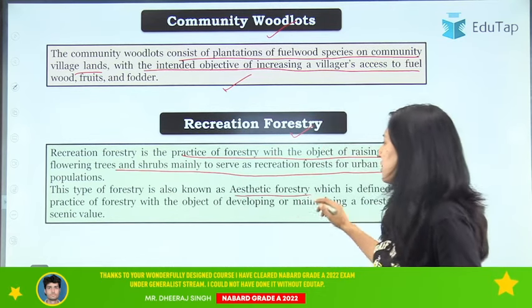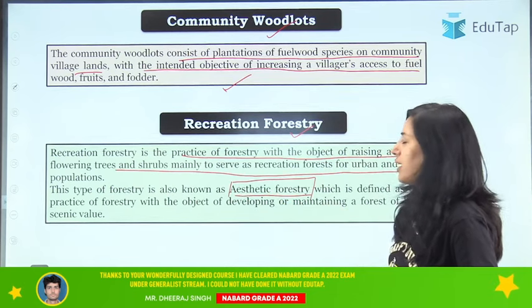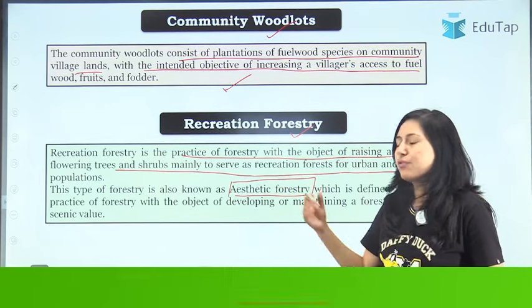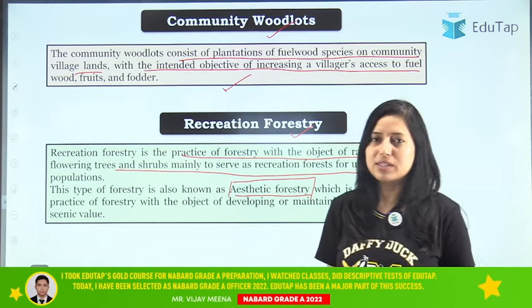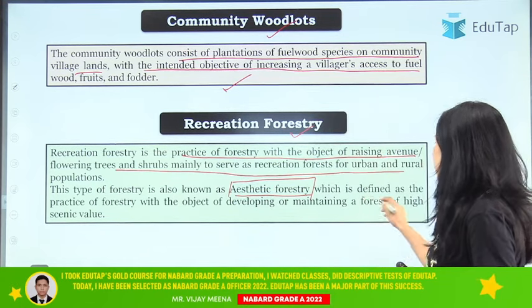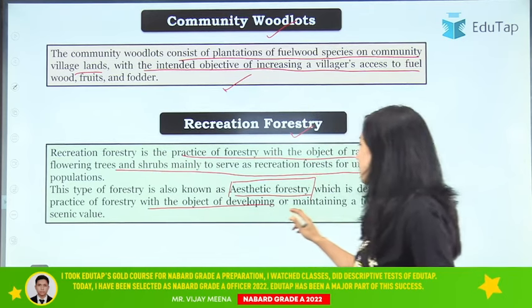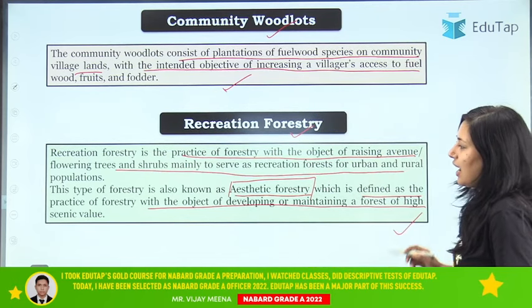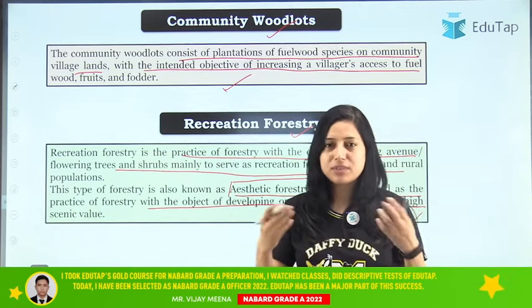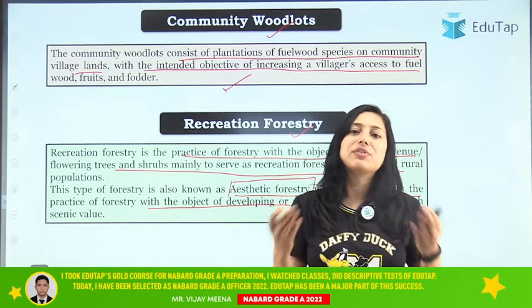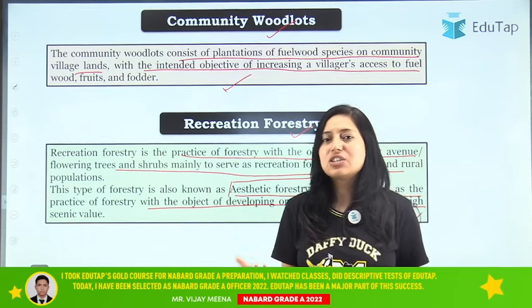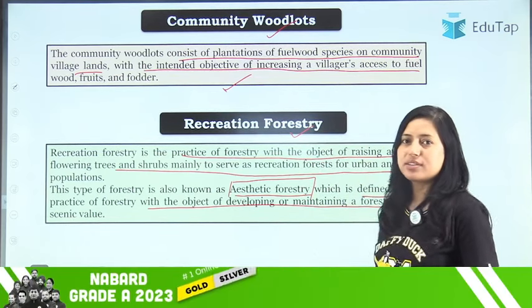This type of forestry is also known as aesthetic forestry because it is done for aesthetic purposes also. It is defined as the practice of forestry with the object of developing and maintaining a forest of high scenic value. So whenever we go for forestry just to beautify a place, that is your recreation forestry.